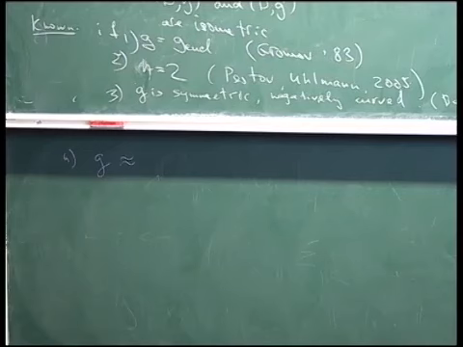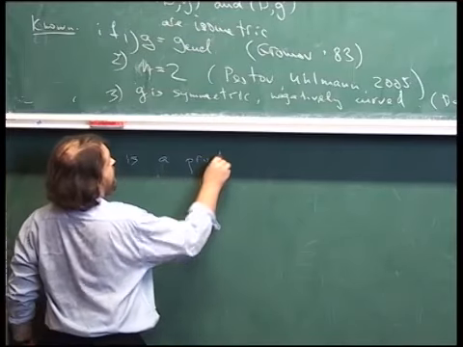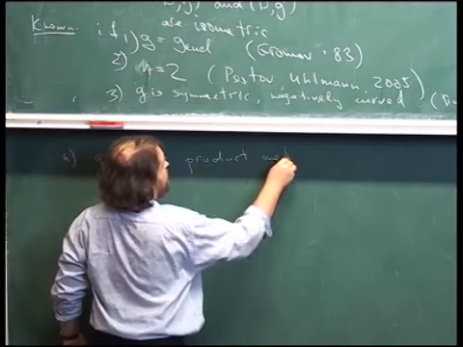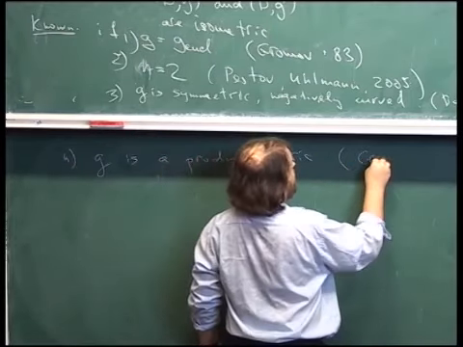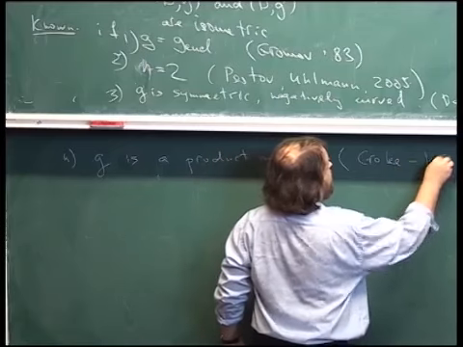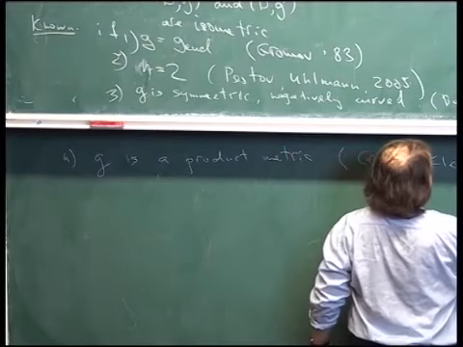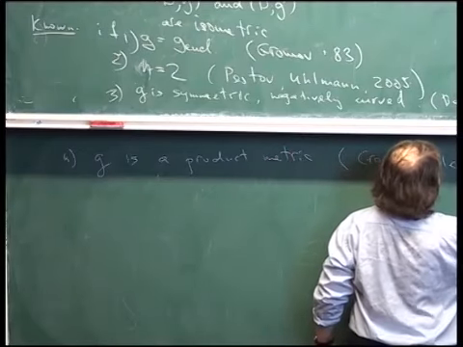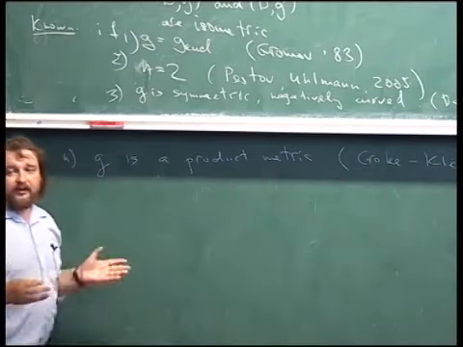Product metrics are okay too, when G is a product metric. This is due to Croke and Kleiner, and the date is like 98 maybe, I'm not sure exactly.